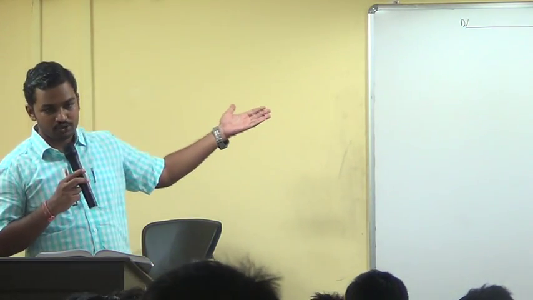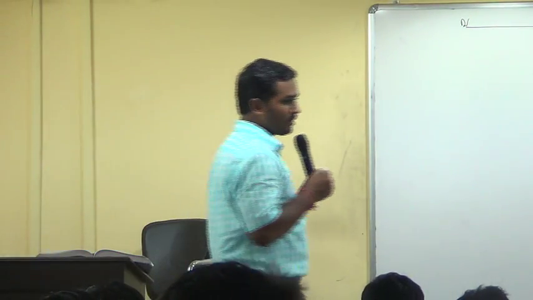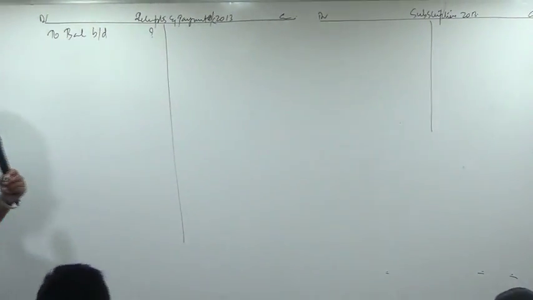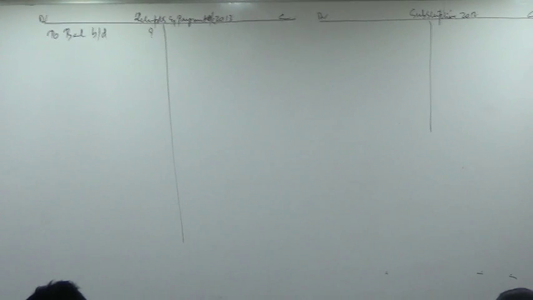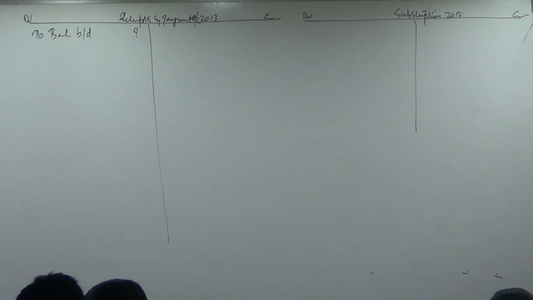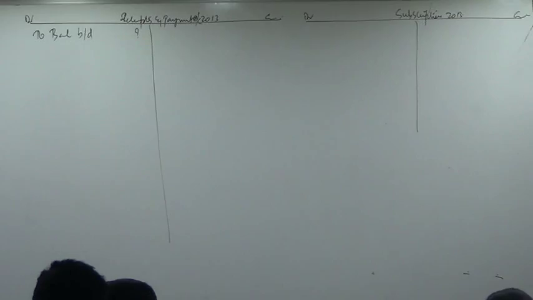Receipts and payments account, we want to start. We need the opening cash and bank balance. We are not given the opening cash and bank balance, so question mark, to balance brought down. As our habit goes, we'll always start with incomes, receipts.